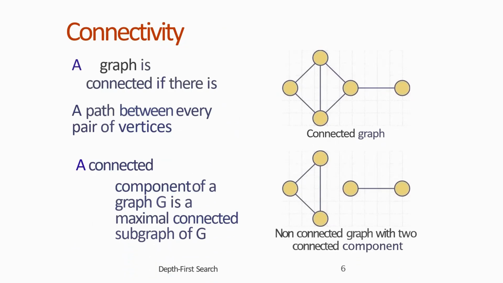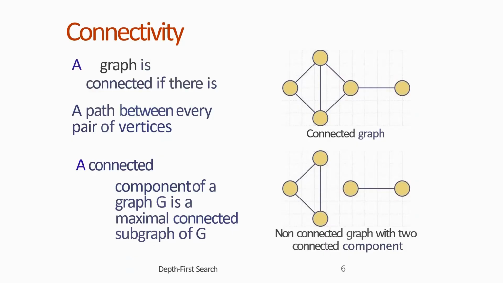So connectivity is nothing but how connected a graph is, right? We have connected graphs and disconnected graph components here. A connected graph means a graph is connected if there is a path between every pair of its vertices, right?